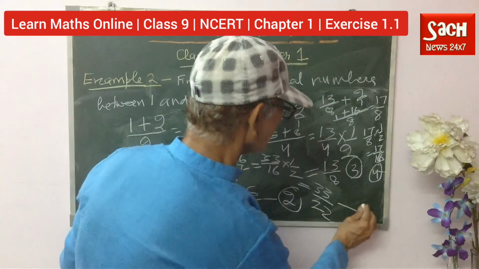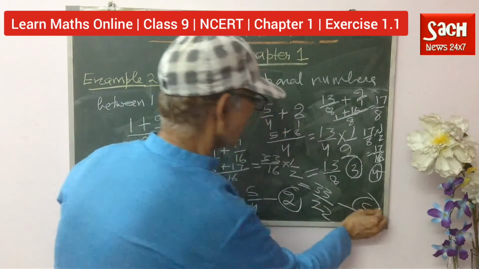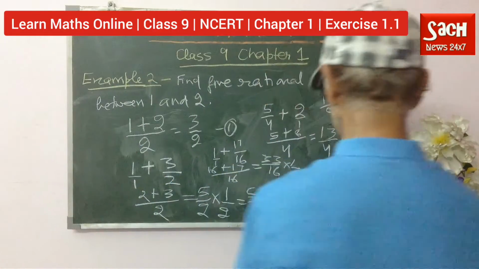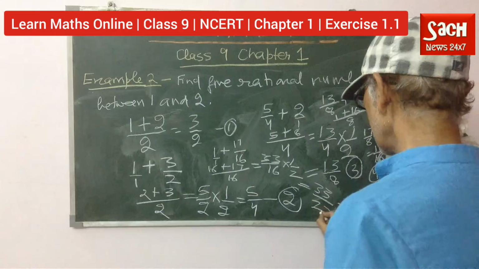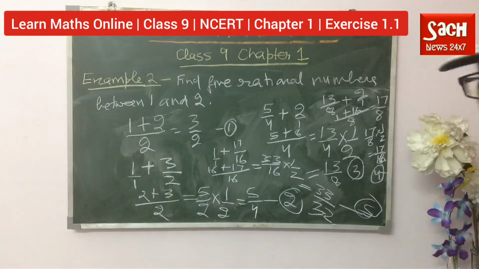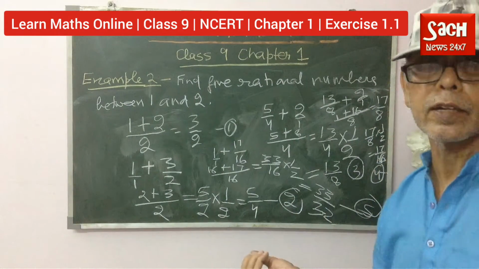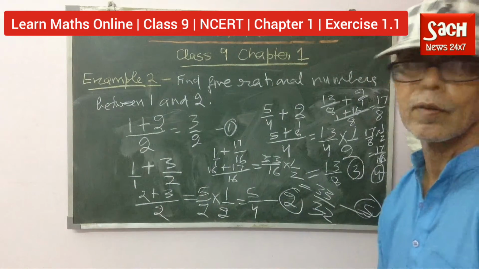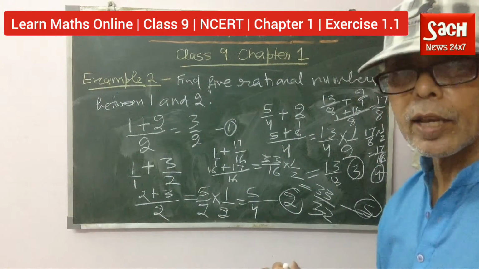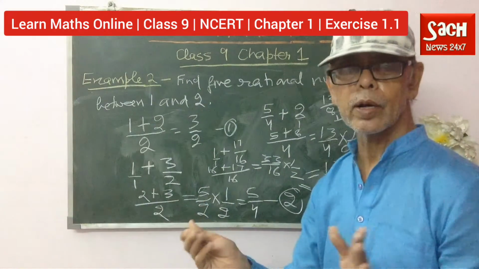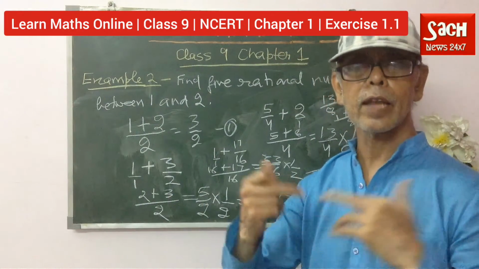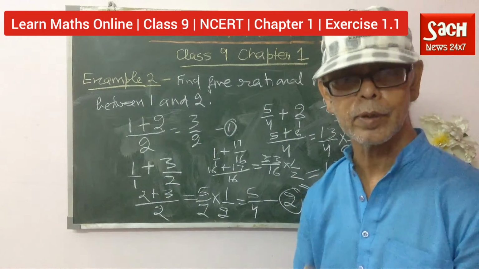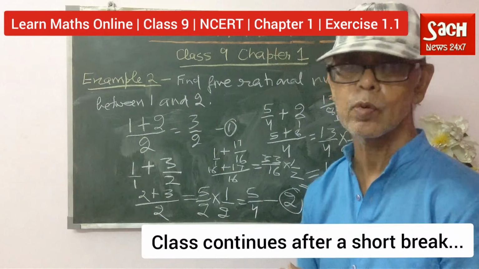This is another rational number, 33 by 32. So there can be infinitely many rational numbers between any two numbers. Basically, you take two numbers, add them and then divide by 2. You will find one number between these two.